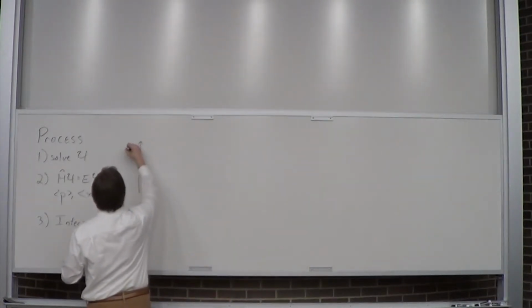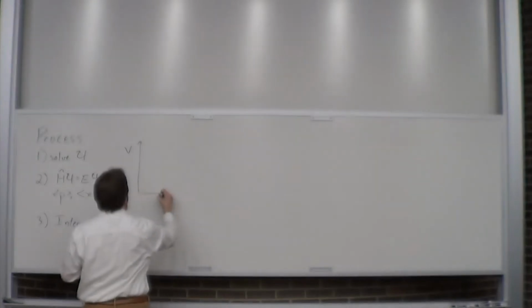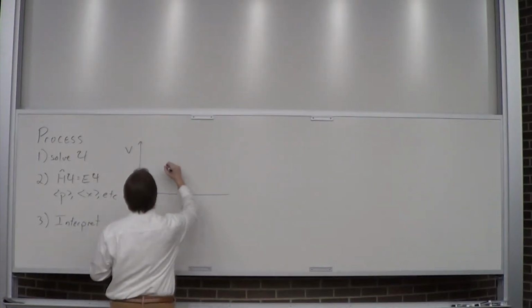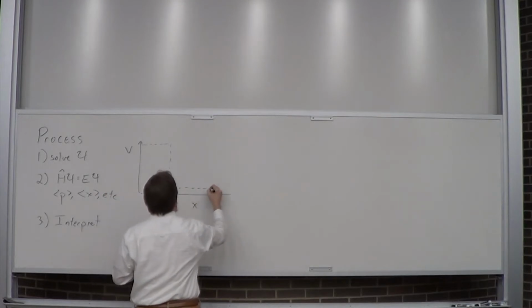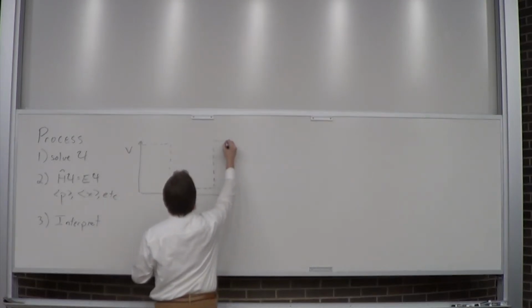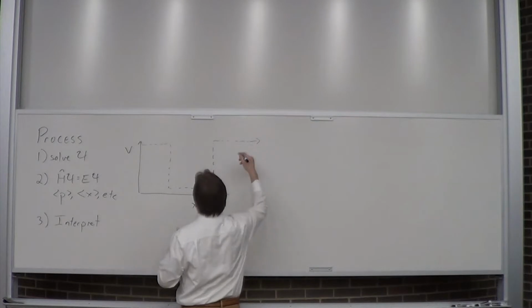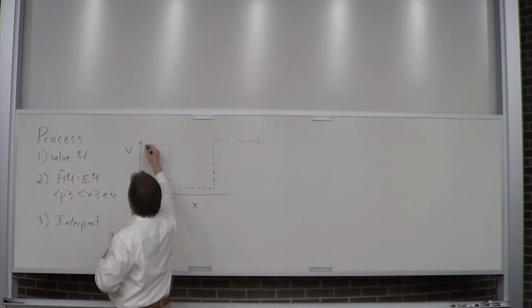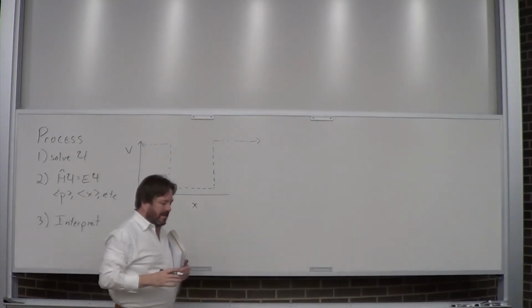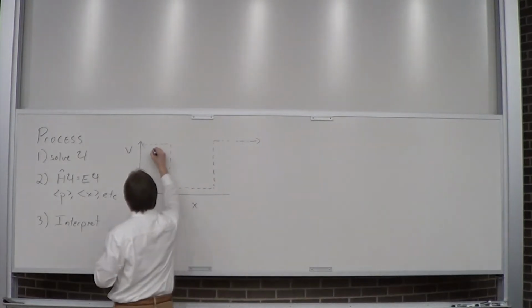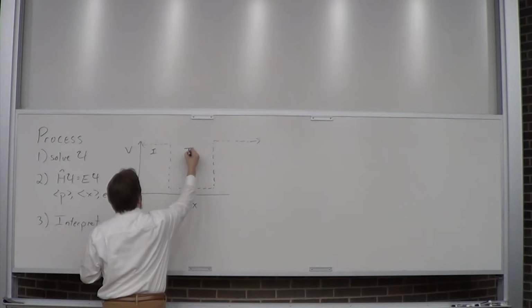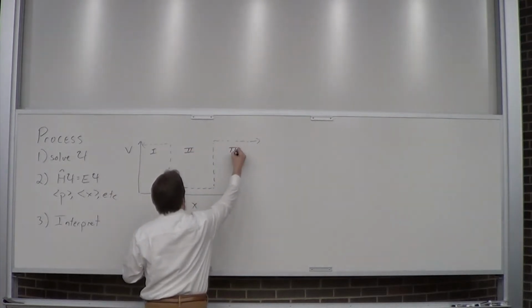Okay, so again, I'll define potential energy, and here's x. I'm just redrawing what I did before. It was kind of a bloody mess, so I just need a little bit more clean space to work with. It goes to the left and right to infinity. All right, regions 1, 2 and 3, I'll use Roman numerals.